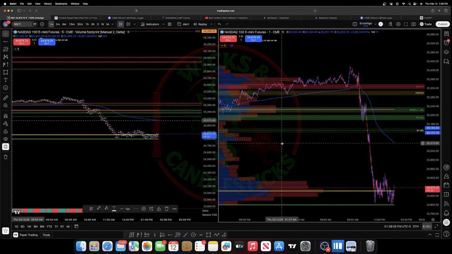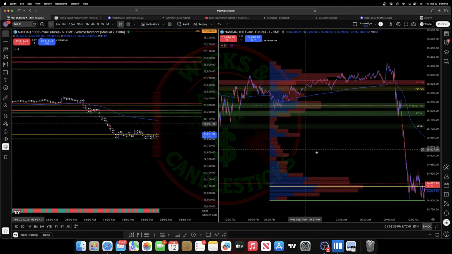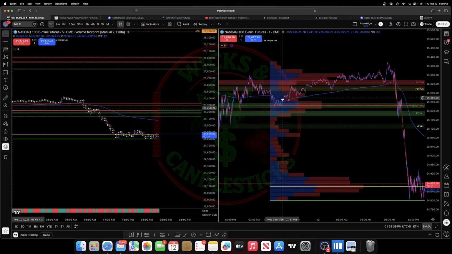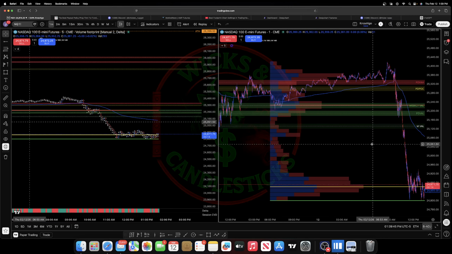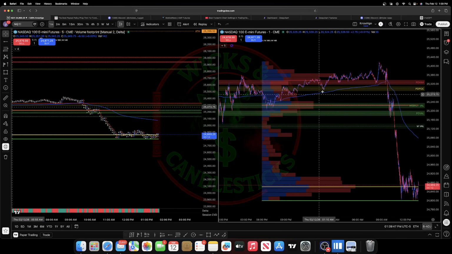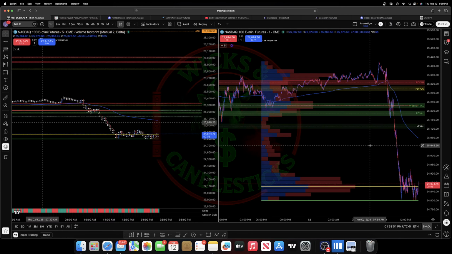Okay, so if you look at price, what happened overnight, we did a very small value migration. Price was not really ripping off anywhere, so it still is a balanced market here.